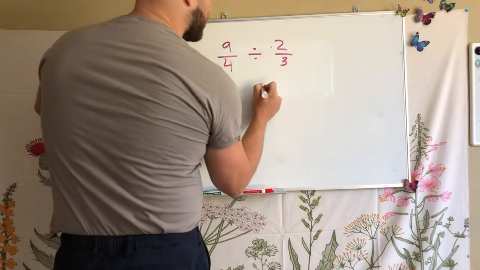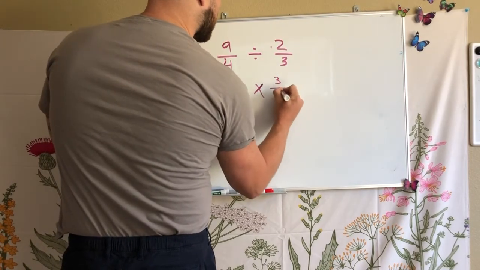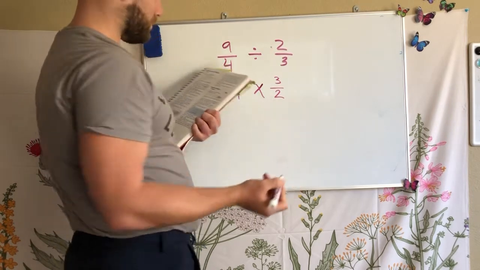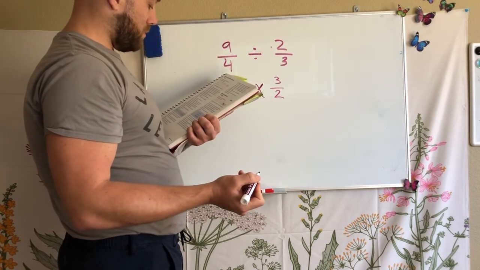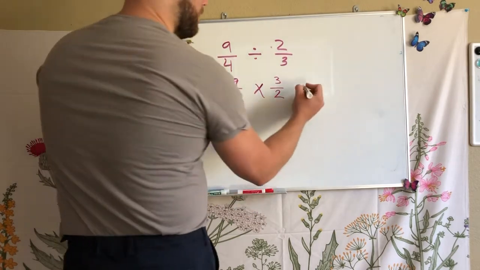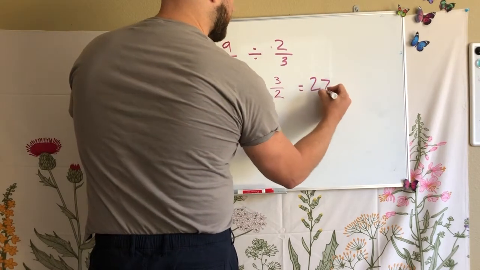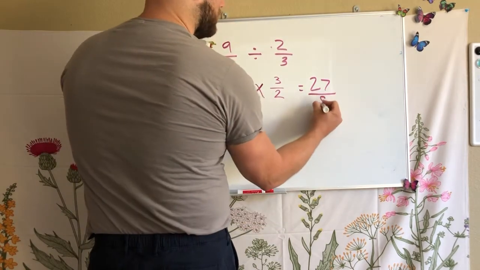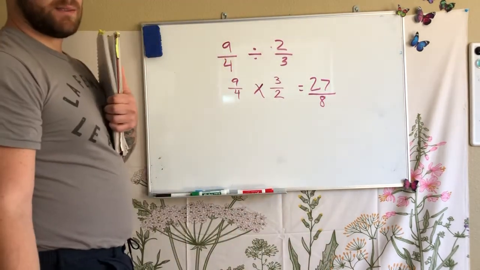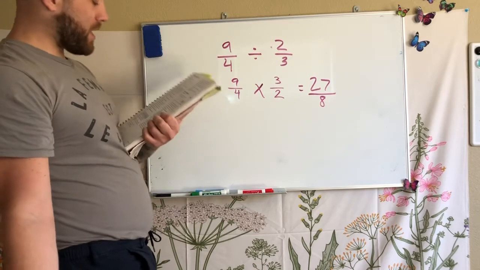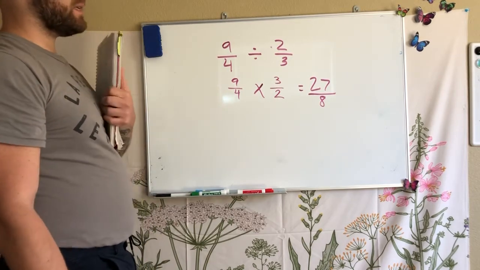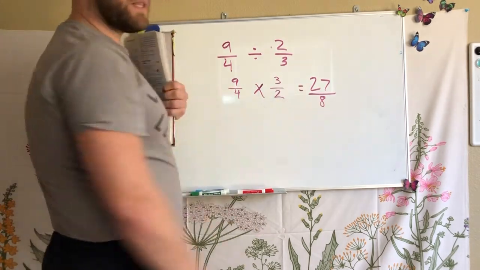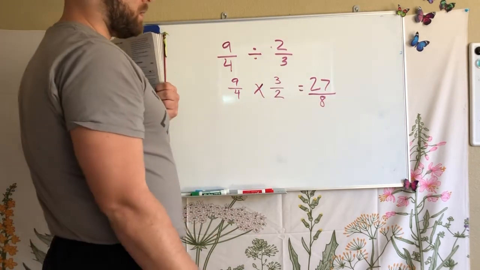Well, I turn this into its reciprocal. That stays the same. So, what is 9 times 3? 27. And 4 times 2 is 8. What is that? It's a top-heavy fraction. Now notice, there's more than one in here this time. 8/8 can go in there multiple times.